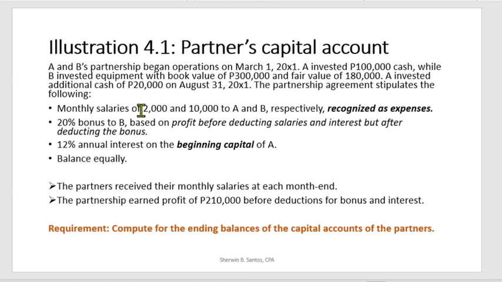Magkano ba ang salaries? 2,000 kay A at 10,000 kay B. So, 2,000 times, kung ilang month na yan, ilang month na ba siyang nag-ooperate? From March 1. So, tama ba? 10 months? 2,000 times 10 months plus 10,000 times 10 months.